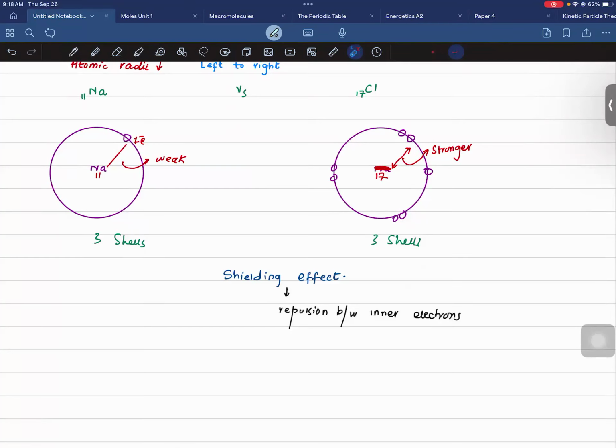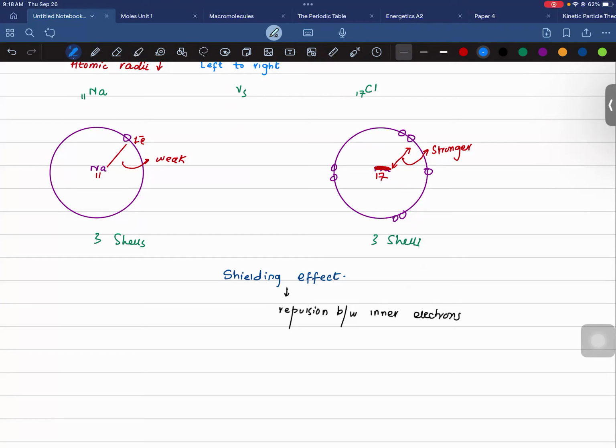In chlorine, the first shell has 2 and the second shell has 8, the same inner electrons. So if we go across the period from left to right, the shielding effect remains the same, but the outer electrons increase.